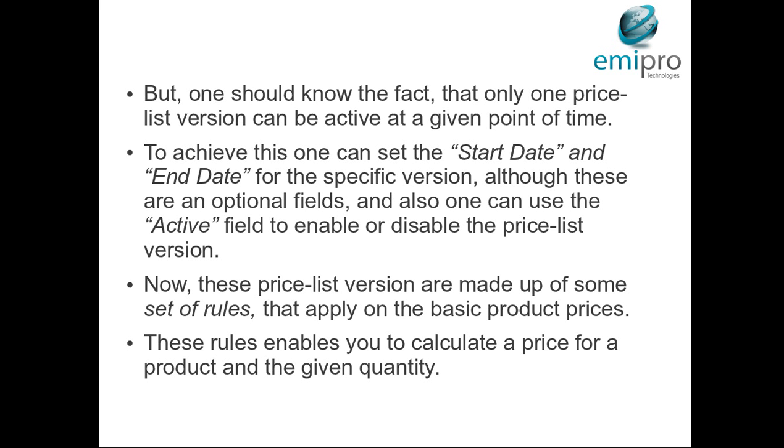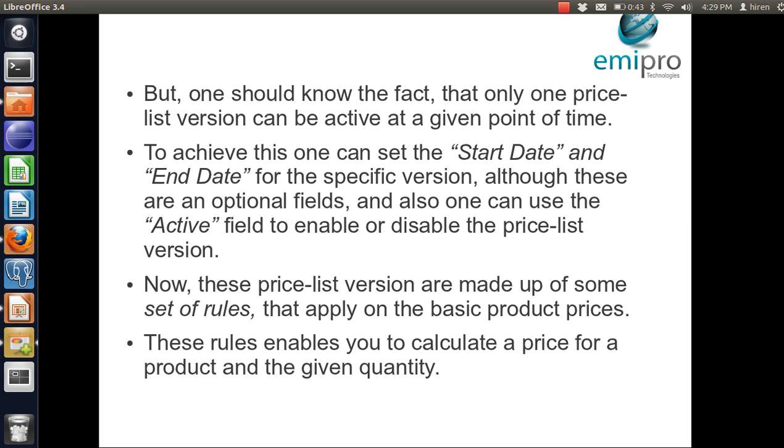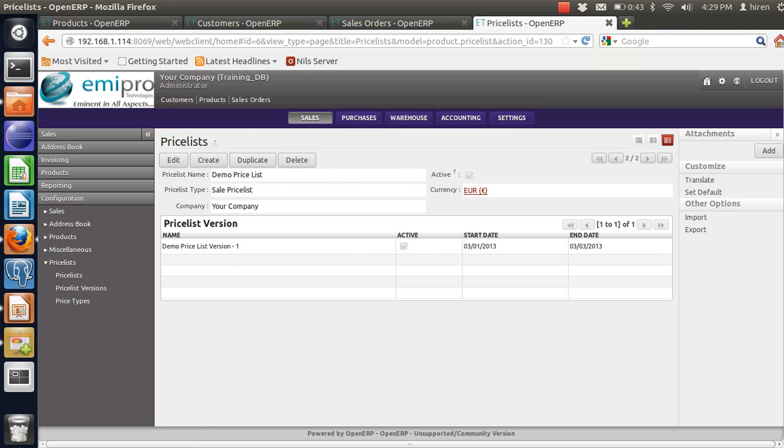Now we have defined the price list version, and we need to define some rules which will help us calculate the product prices. Those prices will be calculated based on the products and the given quantity. Let's have a look at the rules for that.